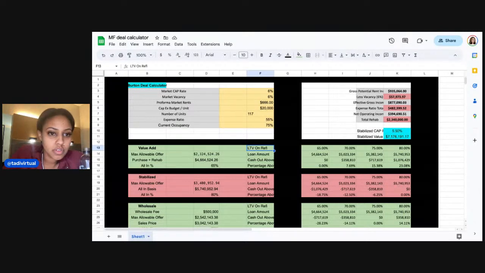Let's see. New Orleans, retail, multifamily. Cap rates average 5.4%. This one says it's a 7. So it says it's 7.7. So that'll be like an 8%, I'm sure, when I put that in.